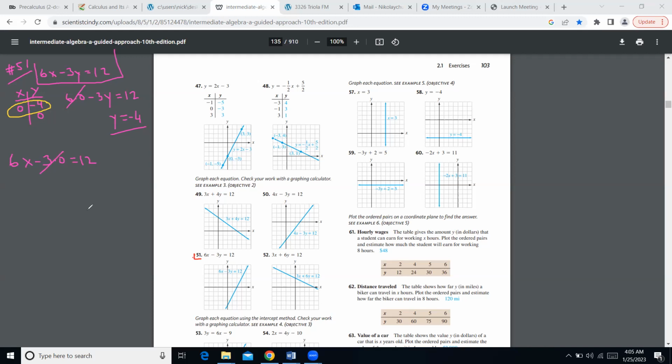And I see that 3 times 0 goes away, so we get an x, which is 2, because 6 times 2 is 12, and this is my second point. So looks like we got 2 different points that I can plot. One of them on the y-axis, so that'd be -4, and the other one will be x equals 2.